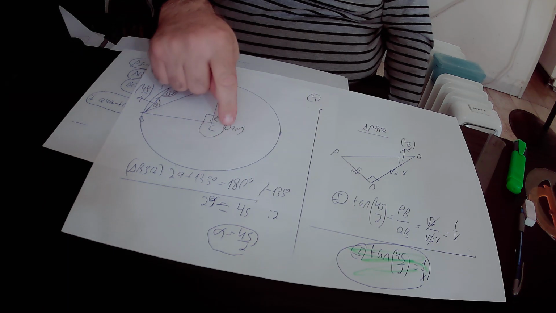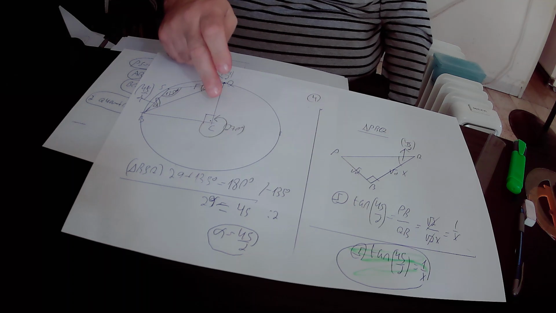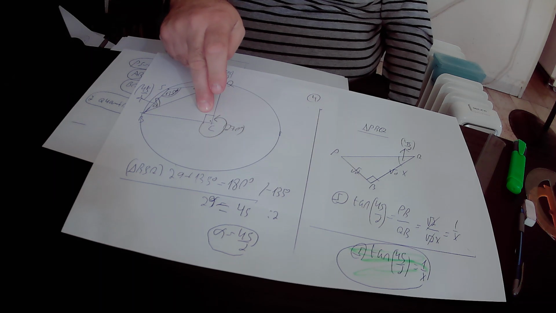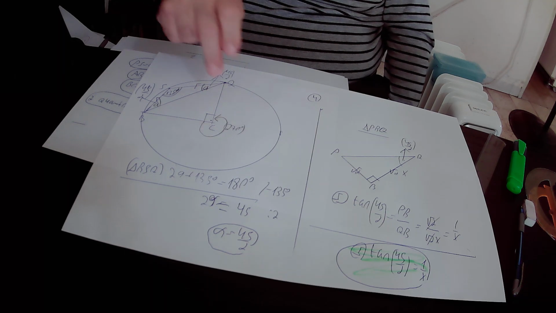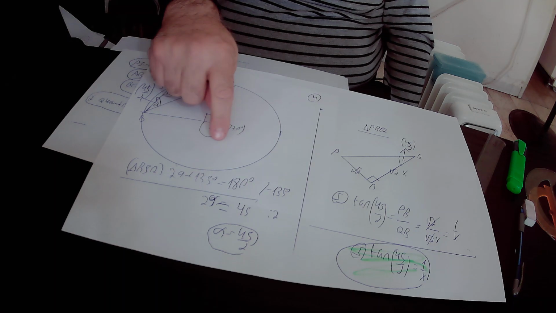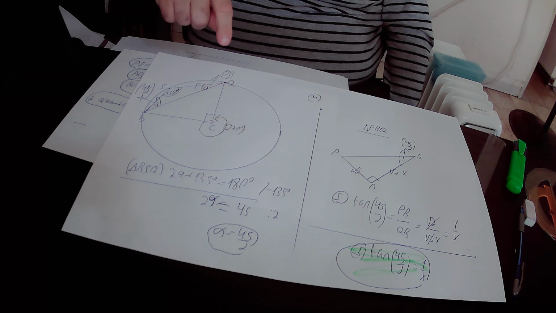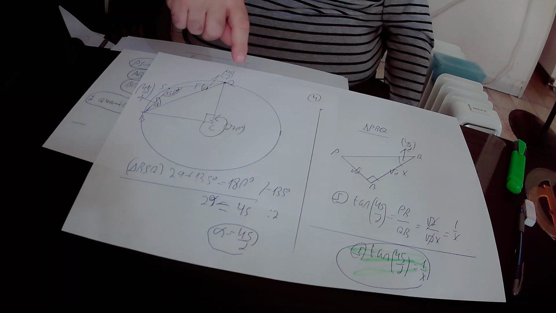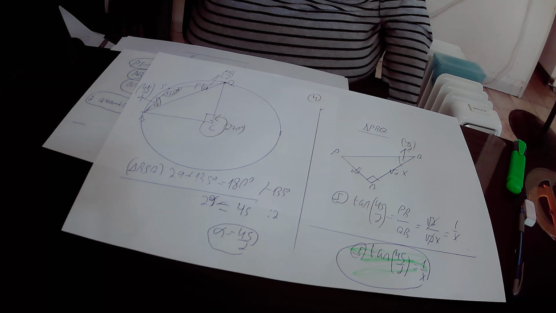Therefore, this missing angle must be equal to 270 degrees. Why? Because 270 degrees plus 90 degrees will be equal to 360 degrees. So the missing angle equals 270 degrees. That is to say, the size of the central angle QCB is 270 degrees.